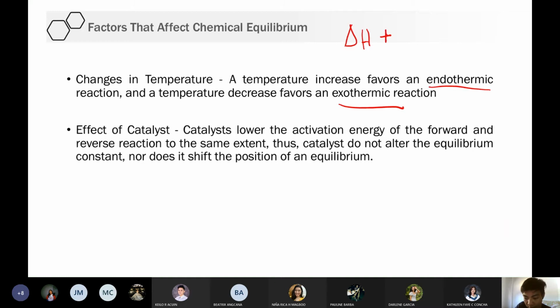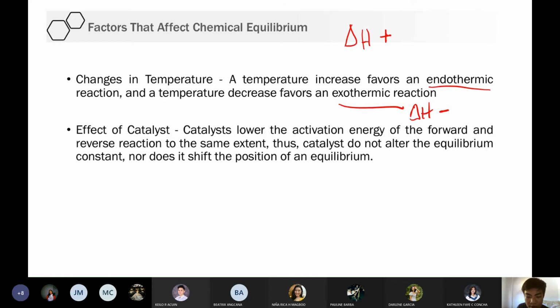And exothermic reactions have delta H values being negative. So that means an increase in temperature will be okay with endothermic reactions, so it will proceed to the right side, and a decrease of temperature is okay for exothermic reaction, so it will proceed to the right side.